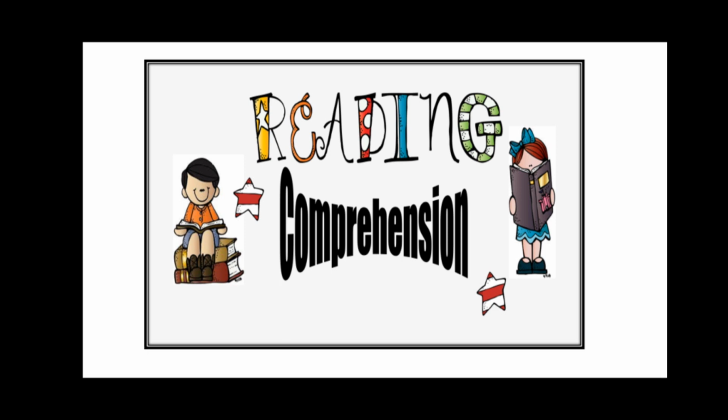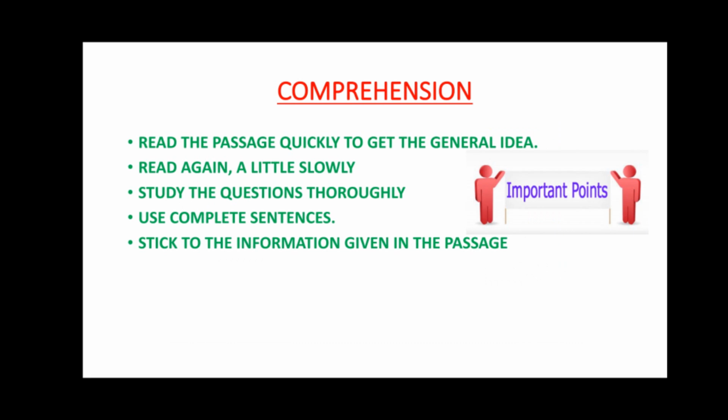So children, in the examination, there will be a passage followed by different types of questions that are to be answered on the basis of the information given in the passage. Children, here are a few points that you have to keep in your mind while attempting an unseen passage. Number 1.